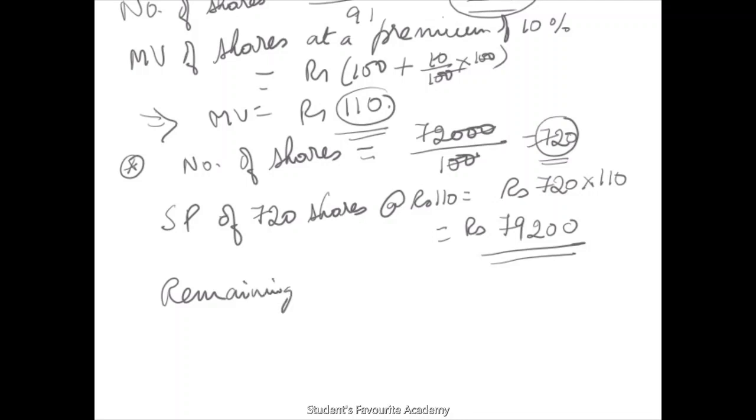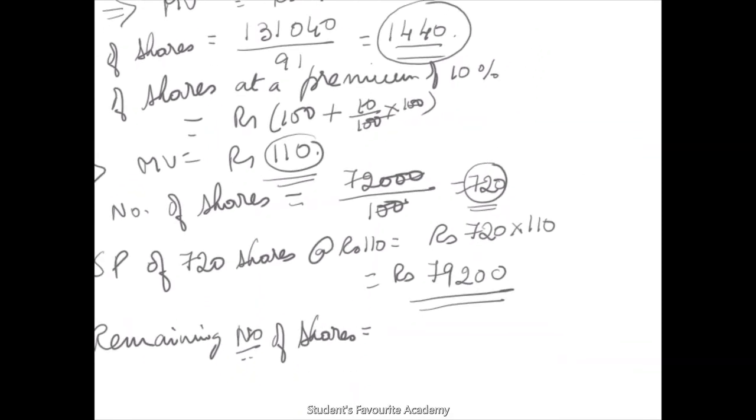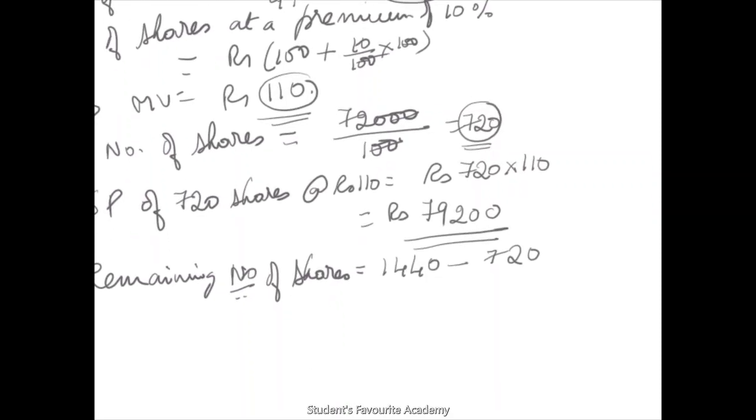Remaining number of shares is equal to 1440, that is the total number of shares she has, minus this 720. The remaining shares are 0 minus 0, 4 minus 2, 14 minus 7, 7. So remaining are again 720 shares.